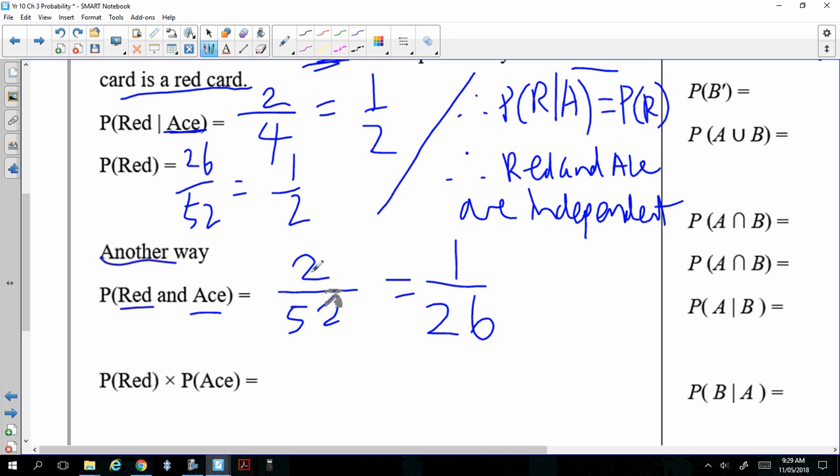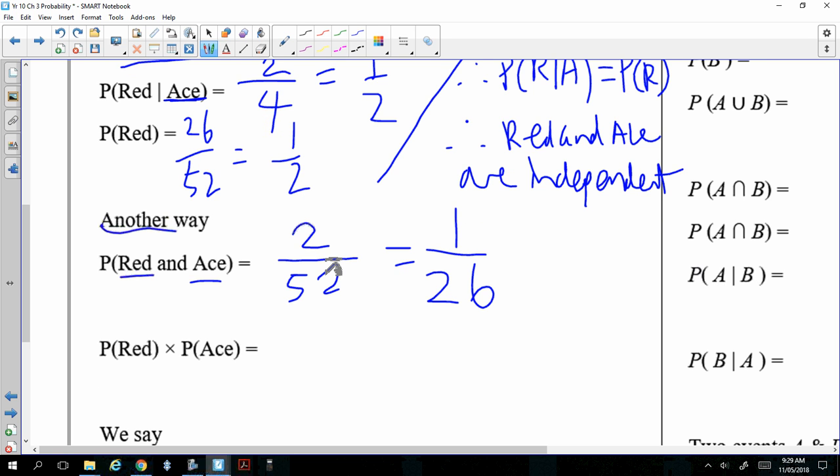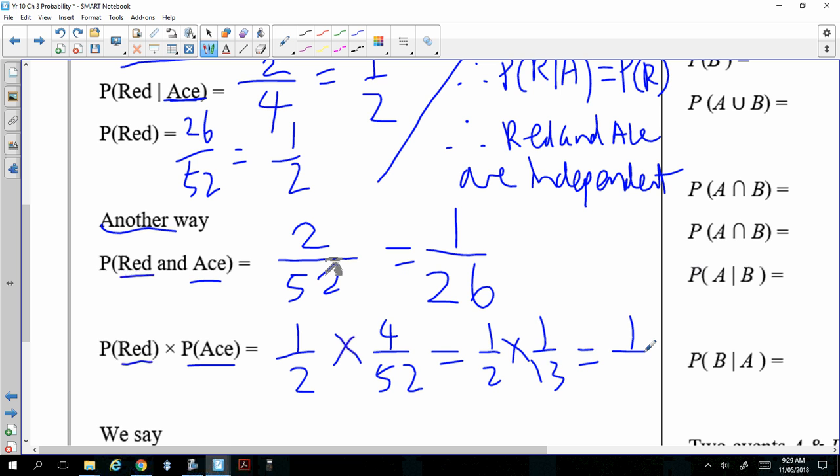This one, red times ace: red is a half, ace is 4 out of 52, which is 1 over 13. Half times 1 over 13 gives you the same thing, 1 over 26. So probability of red and ace is equal to probability of red times probability of ace.